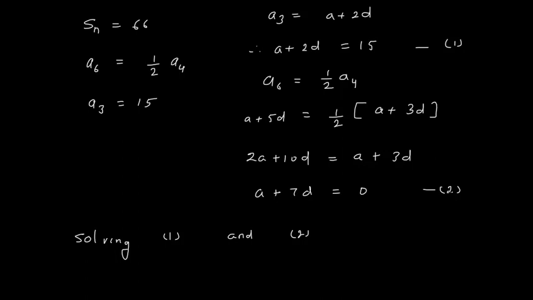Minus 5D is 15. So D is 15 divided by minus 5. So D is minus 3. And for A, you put that D equal to minus 3 in any of the equations. So 7 times 3 is 21. You will get A as minus 21.